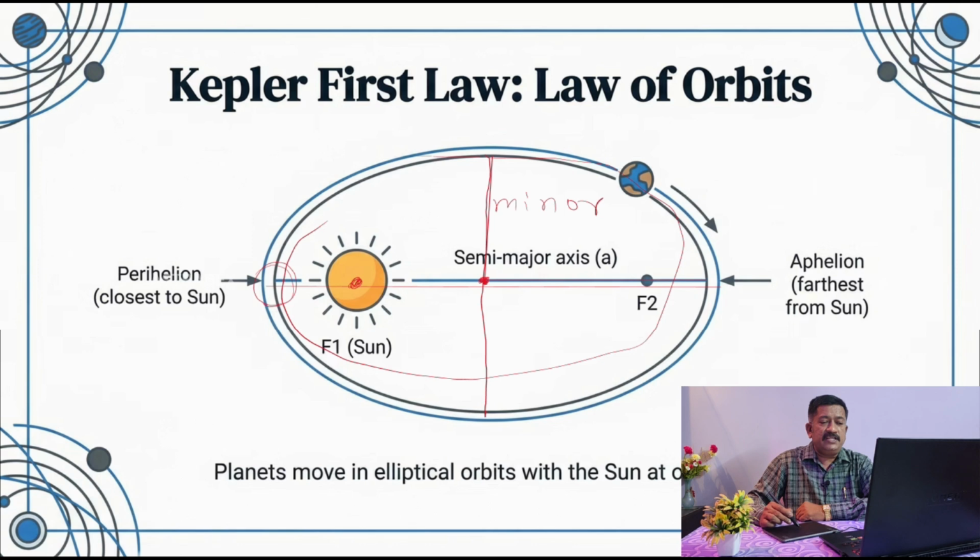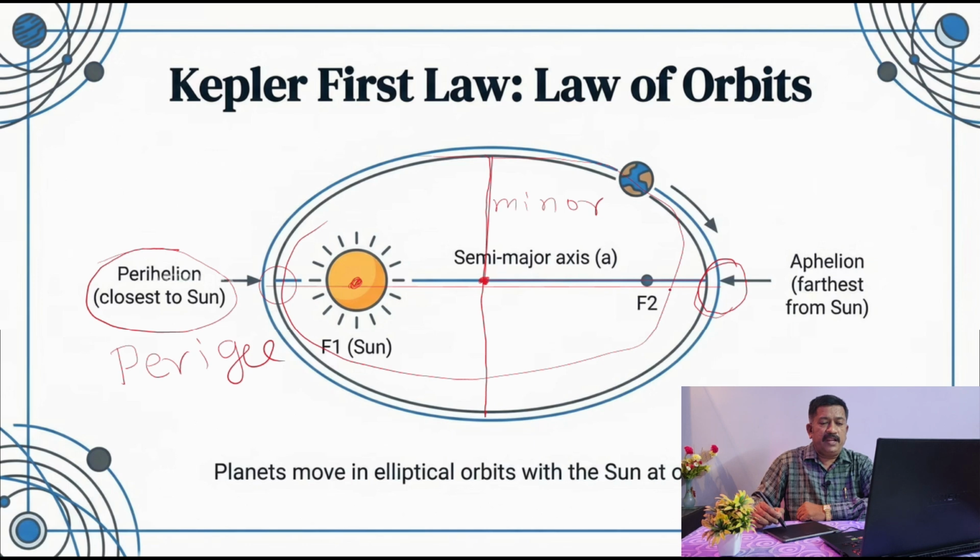Whenever the planet revolves around the sun, in some place it comes very close to the sun. This is the closest place where the planet reaches near the sun, and we call that position the perihelion position, also called perigee.